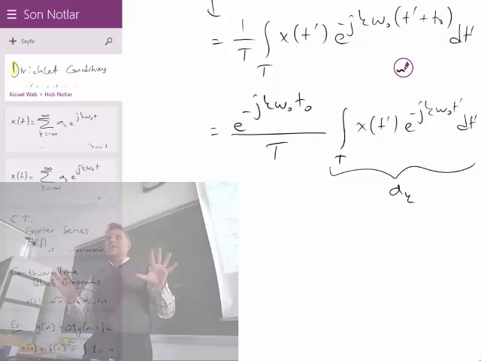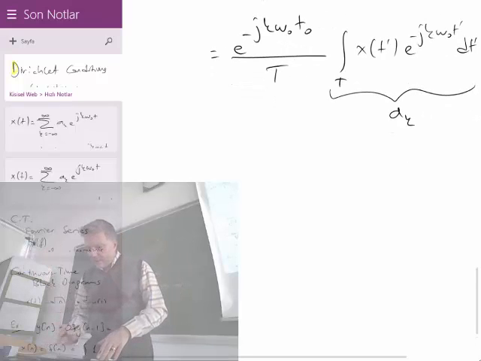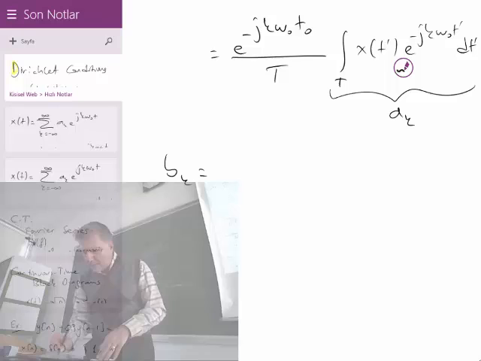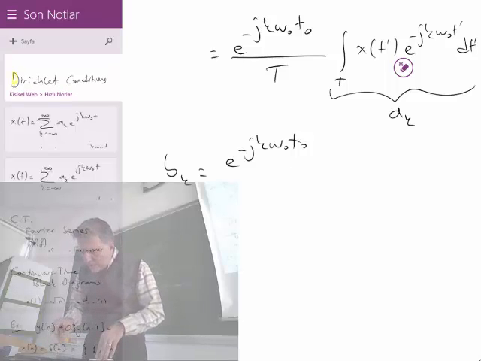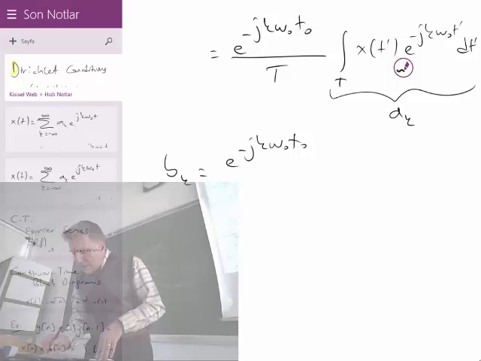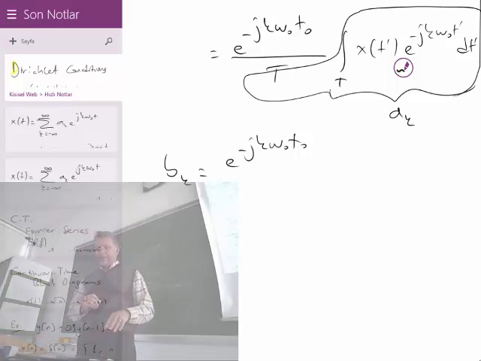So that will give you a relation between b k, the shifted version's Fourier series coefficients, and a k, the original. And what is it? Oops, sorry, there is no capital T division because that over capital T is already in this formula.